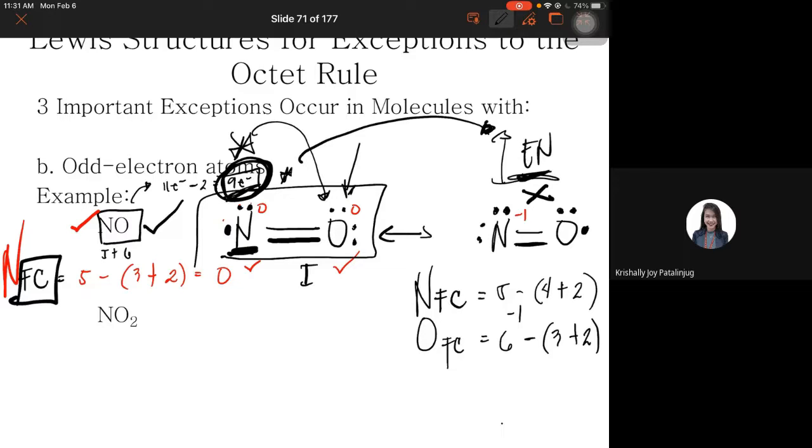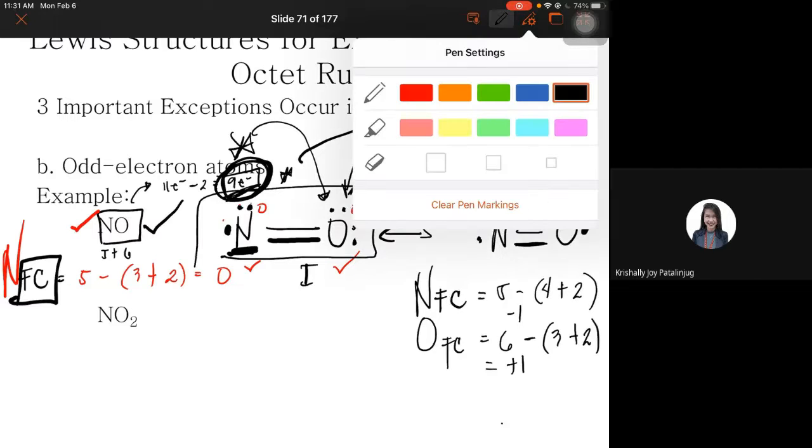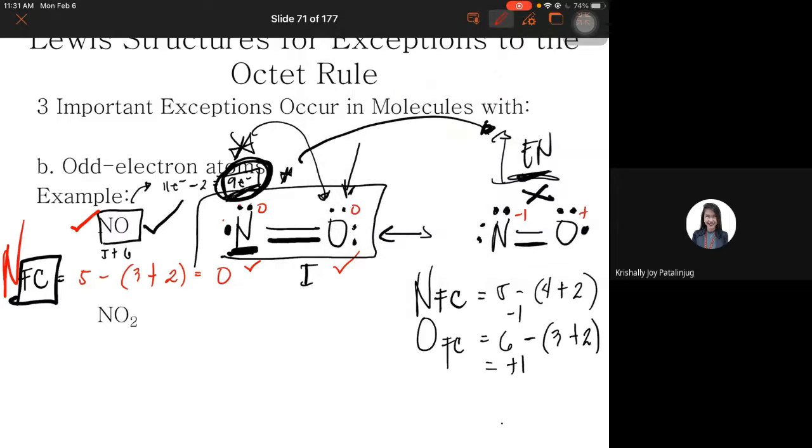So 6 minus 5, that's positive 1. So you can check here that several non-zero formal charges are observed in this structure. So this is not preferable based on the criteria in choosing the more important contributor to the resonance hybrid. So this is not in a stable binding state.